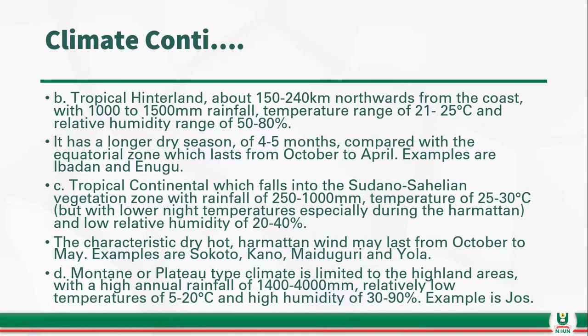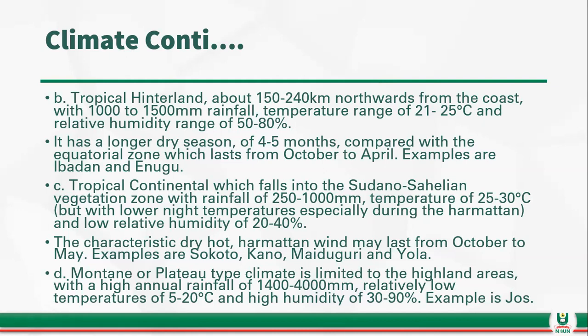Those are the areas. Of course, this area can be very cold during the harmattan season, and the cold period stretches for quite some time. The regions within this area hardly experience rainfall till around June.